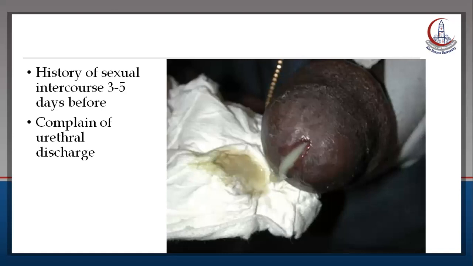Neisseria gonorrhoeae is a gram-negative cocci. It can be transmitted through sexual intercourse or by an indirect route.